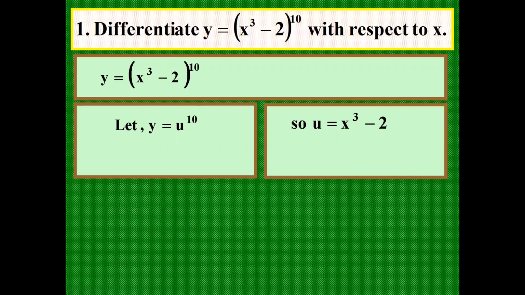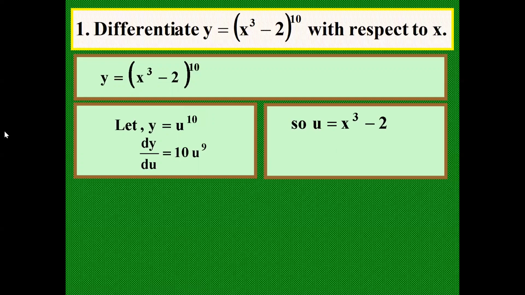All right, then we go to our next step. We will differentiate the u, dy over du. So what will happen? We will use our basic differentiation rule. So if you didn't know that, if you need the video for that, please leave a comment in the comment box below this video.